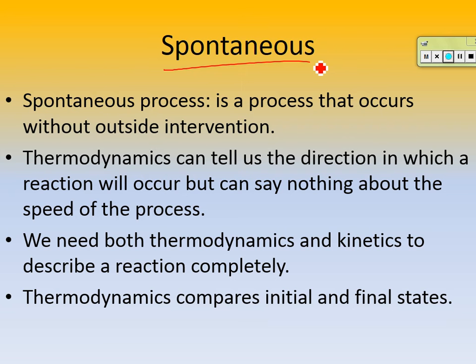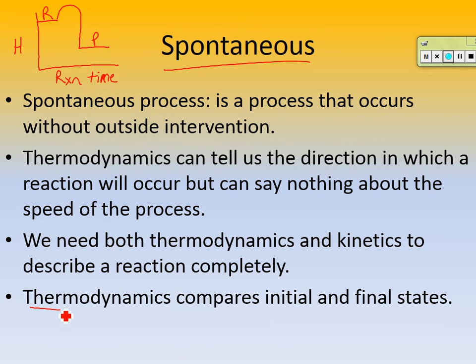Here's the deal. Thermodynamics compares initial and final states. When we drew an energy diagram and we put enthalpy on the y-axis and reaction time on the x, we start up here where there's some activation energy. It comes down here. The reactants are up here. The products are here.